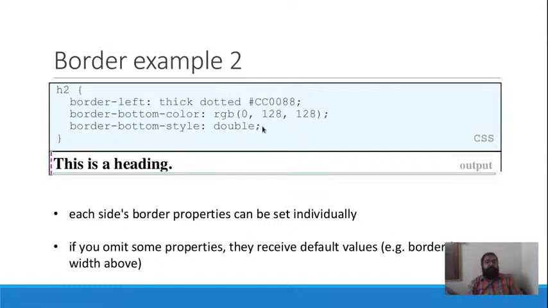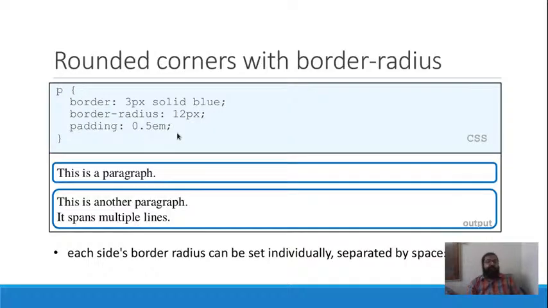The rest of the attributes, like whether it is continuous or dashed or dotted, will take the default values, and it will take the default values with regard to the color as well, since we have specified only one single value, double, for the border bottom style property. So that is how we will do it with CSS. Then we can also mention rounded corners.